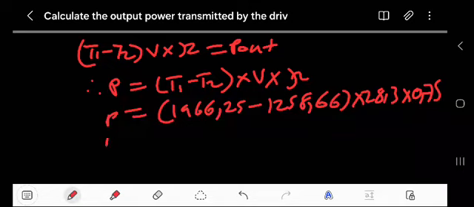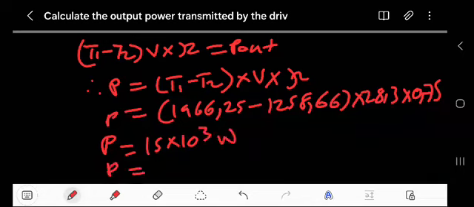So punch this, you get 15,000 watts there. It's the same as 15 times 10 to the power 3 watts. Then P will be 15 kilowatts.